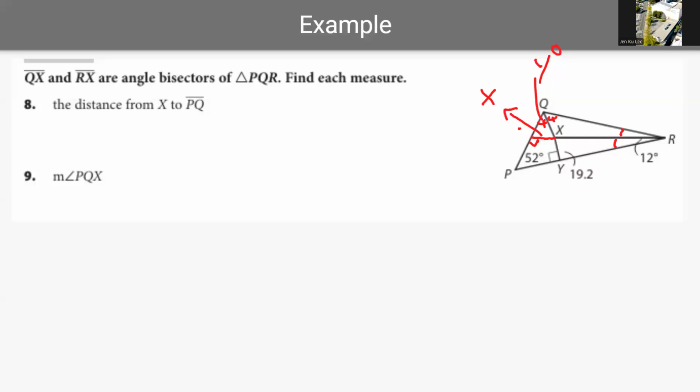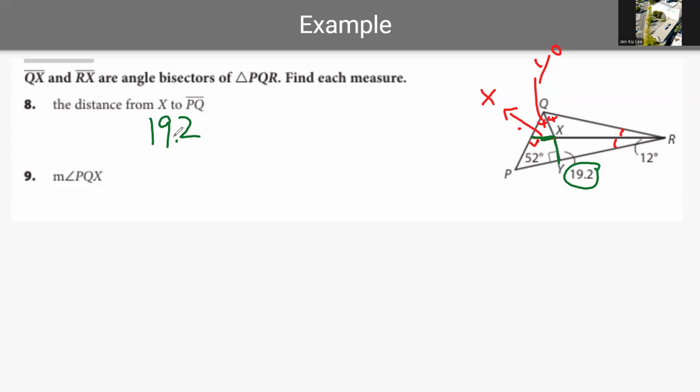Okay, so let's start off with what I do know. Because right now I don't know anything. I know that XY is 19.2. If XY is 19.2, then X to PQ, this guy here, is going to be 19.2 as well, because of that theorem.